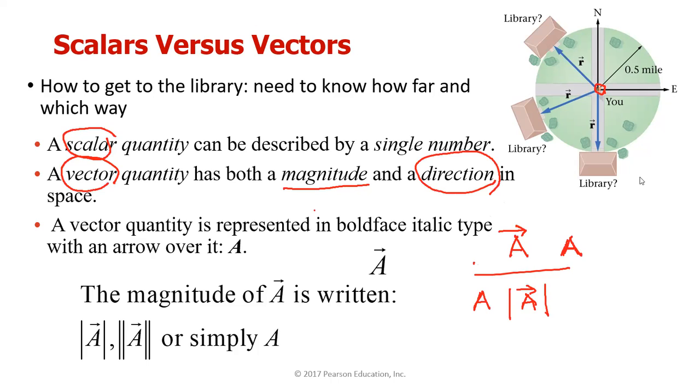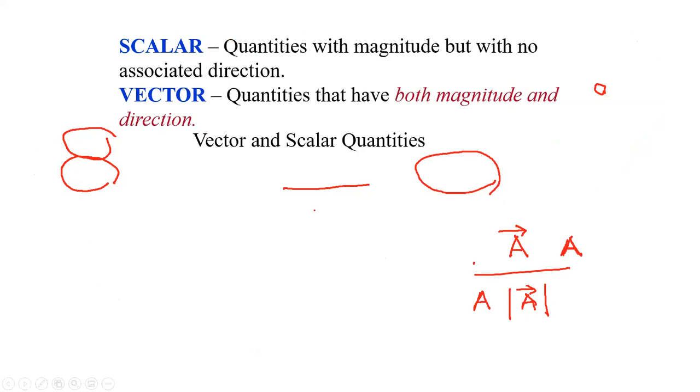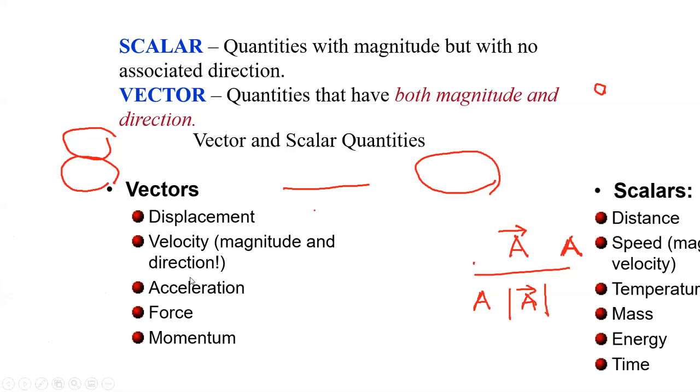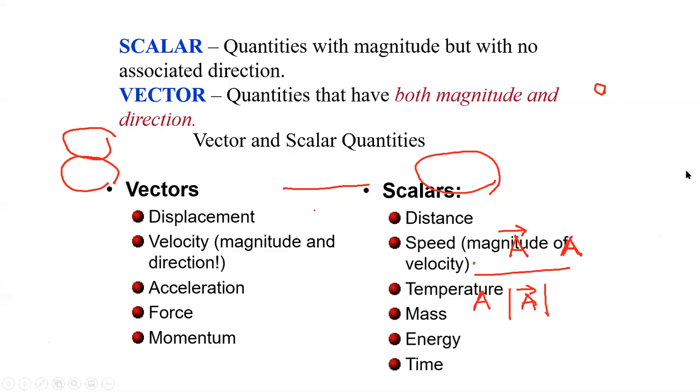Let's look at some examples. As we've seen earlier, scalar and vector. These are some scalars and vectors.